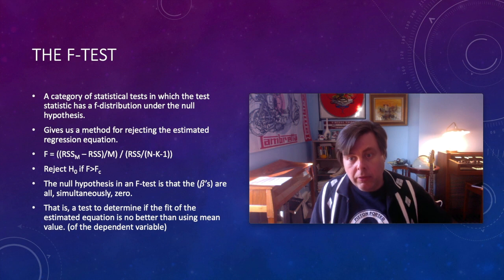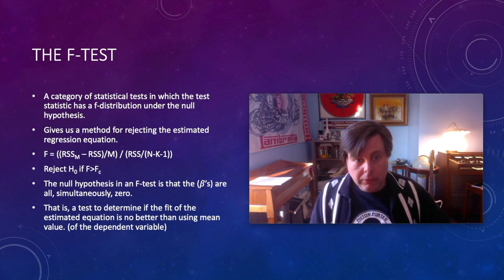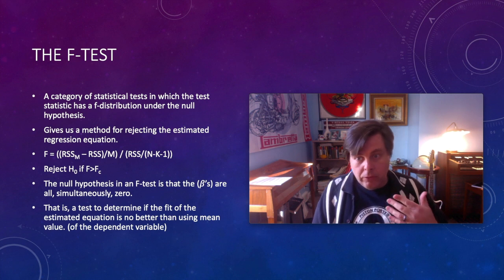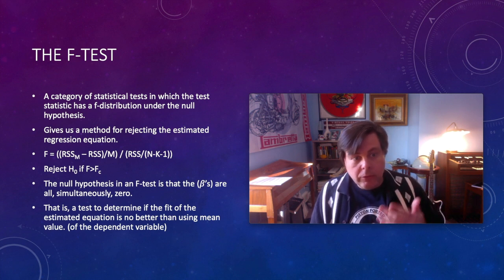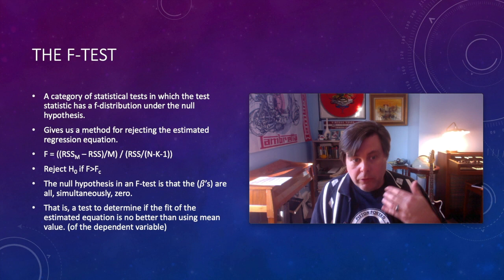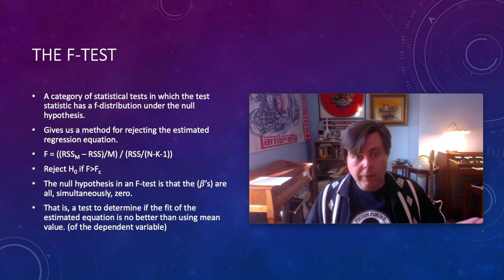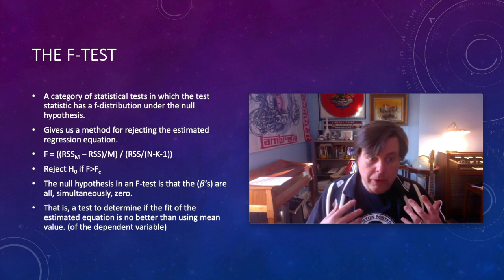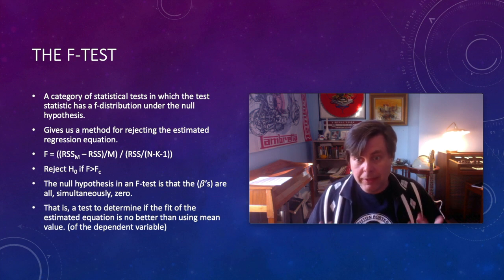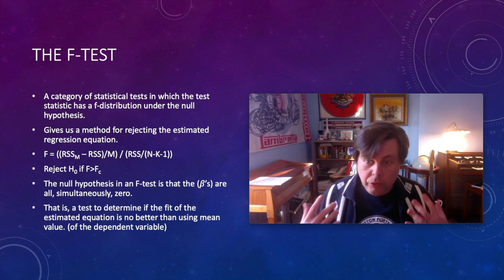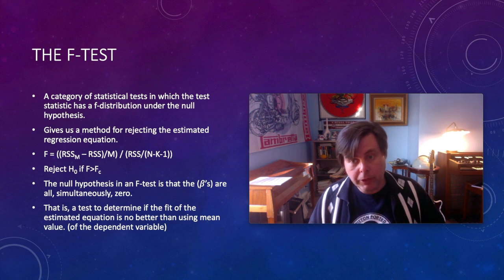We construct the F-test this way, where all of our variables here stand for the things they have before. So RSS, residual sum of squares, and number of variables, and so on and so forth. The only new variable we have in this equation that we've not seen before is this m, which is the number of constraints that we place on this equation. We'll talk about that a little more in a future video.